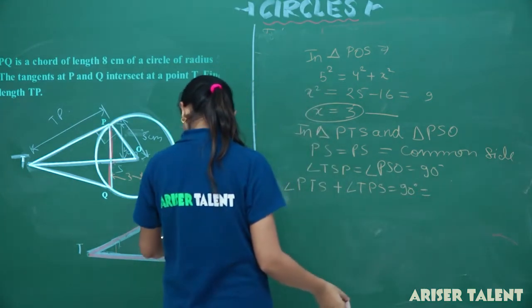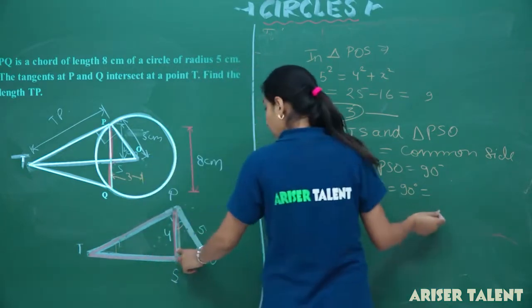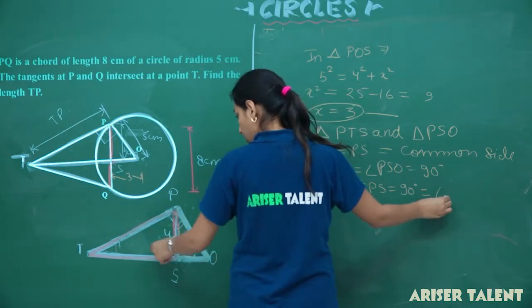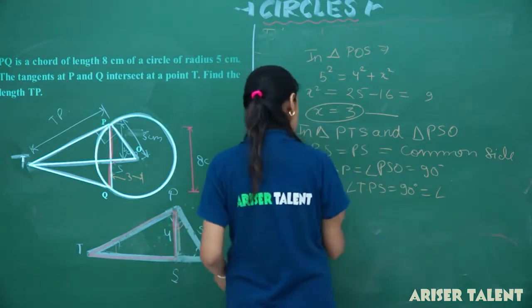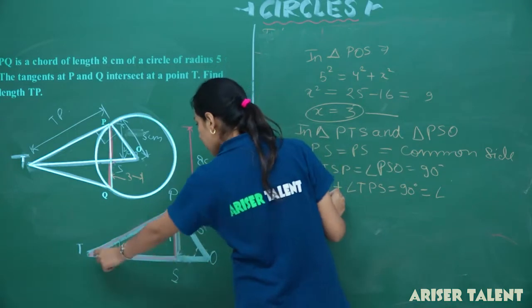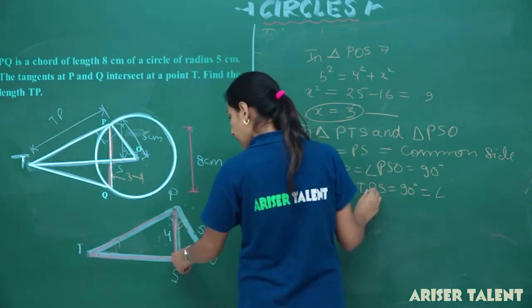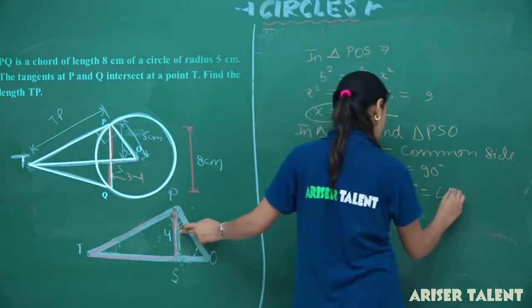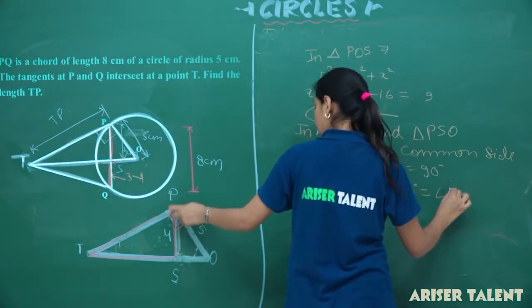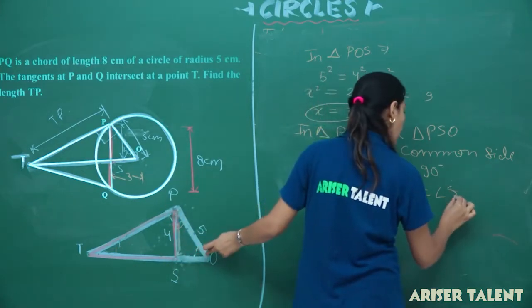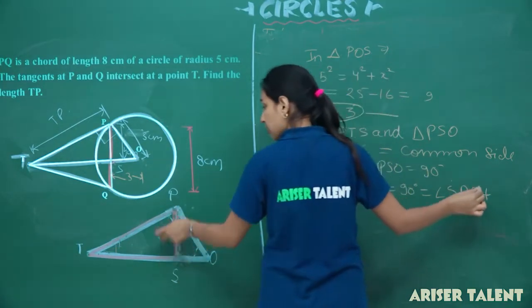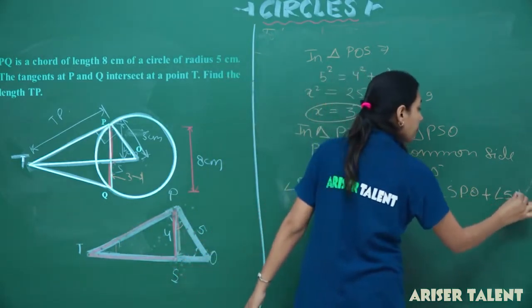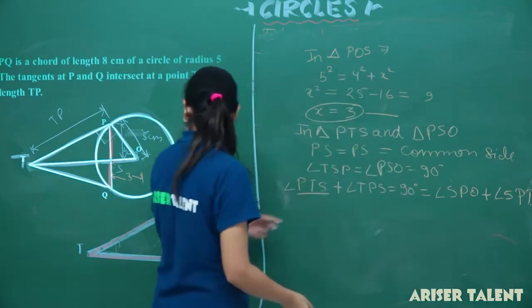And again this angle TPS is here, and if I take this triangle, angle SPO plus angle SPT is again 90 degrees.